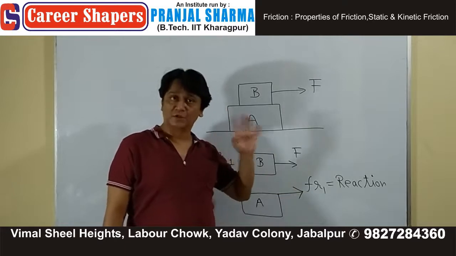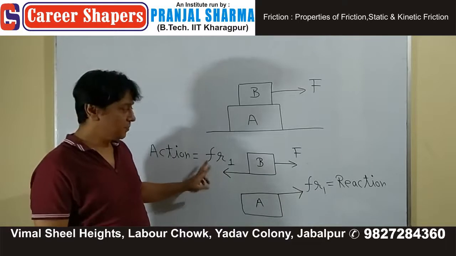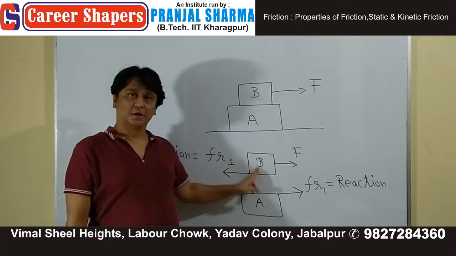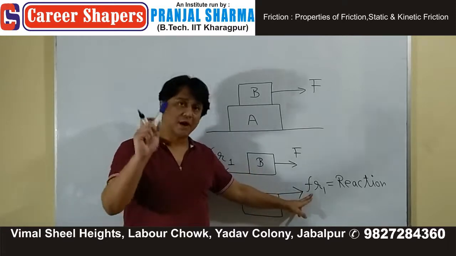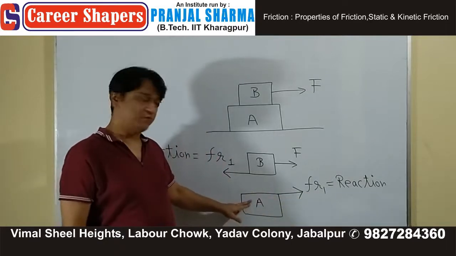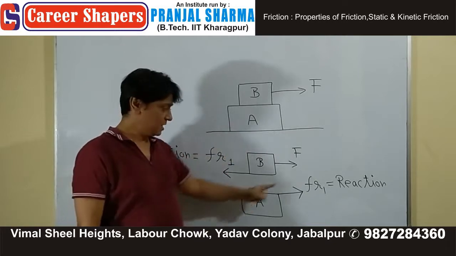Look at the concept. This FR1 is opposing motion of B, but the same FR1 as a reaction force is supporting motion of A. This A can move only because of FR1.